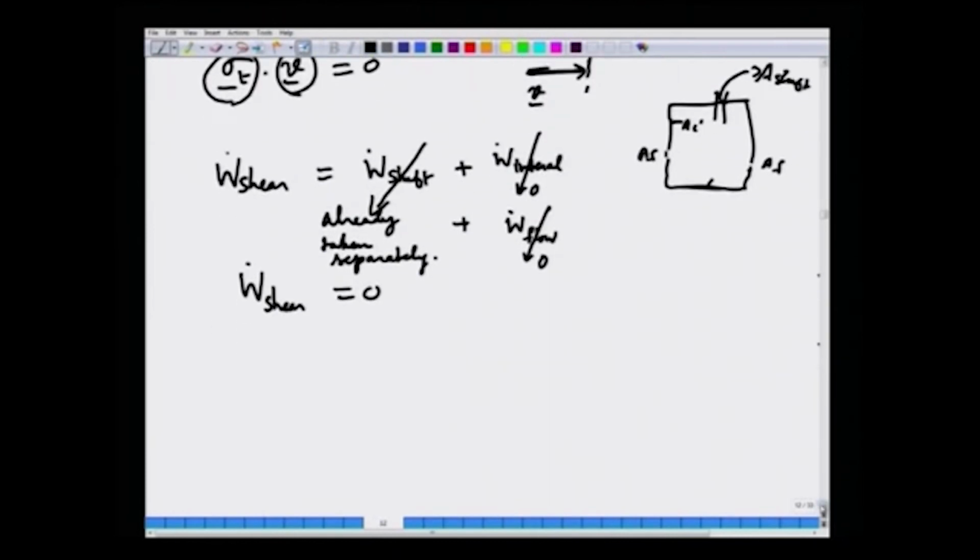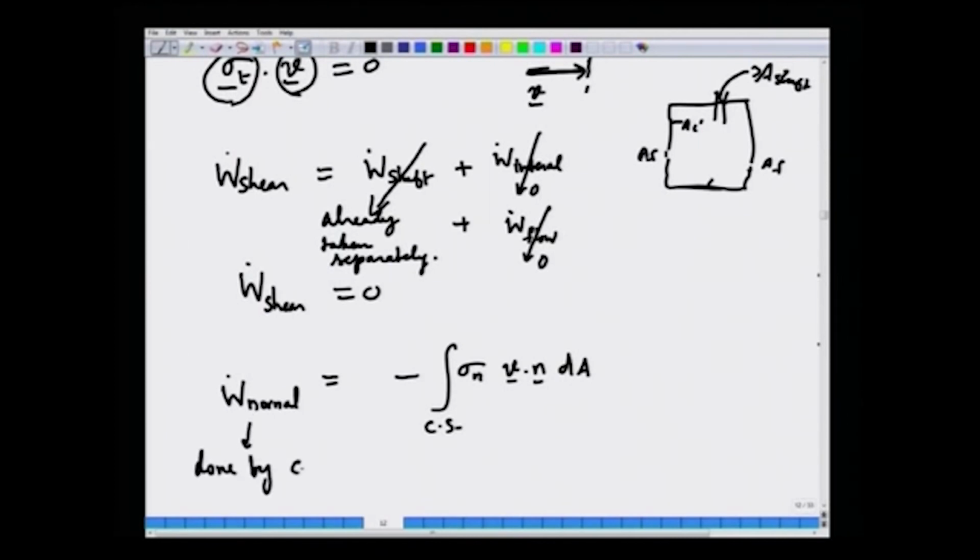Once we understand this, the normal component of the work is nothing but minus integral over the CS of sigma n V dot n dA. This is the rate at which work is done by the CV on the surroundings due to the normal component of the stresses.